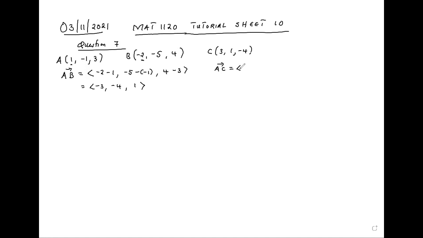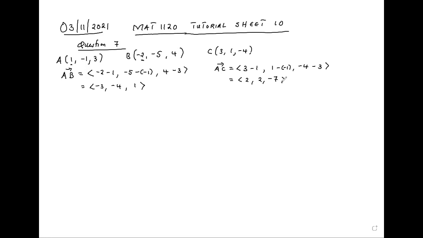Then we also get AC. For AC, we start with the C coordinate and subtract the A. Okay, so we have 2, 2, -7.